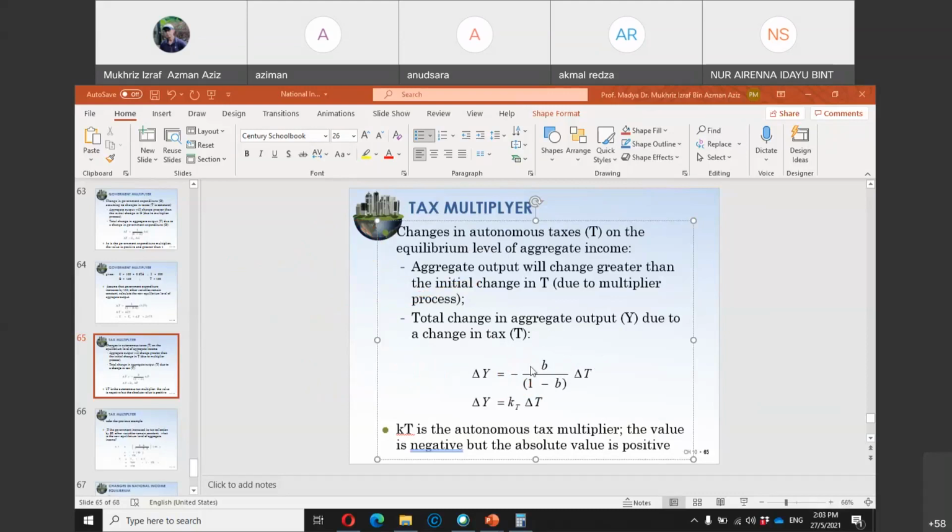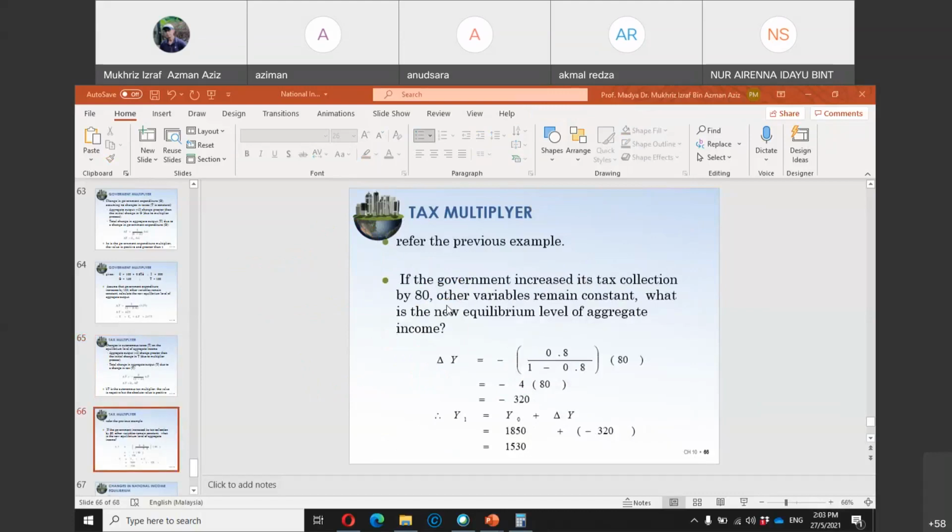So the same thing here. If the government increases tax collection by 80 ringgit, we know that this part will be the change value. The change in tax will be 80. But then what is the new value of GDP?